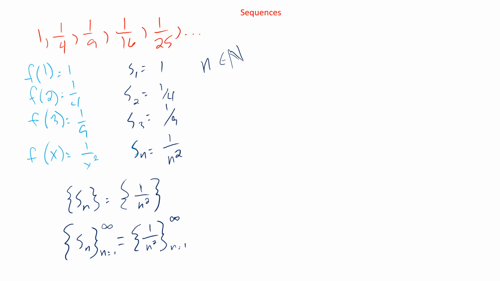So that's some sequence notation. One of the things that we see with sequences is whether or not it converges. Now, converging means that it's going to one number. It could be 0, it could be 3, it could be anything. As long as it's going to one number, it converges. If it doesn't go to one number, that means it diverges.